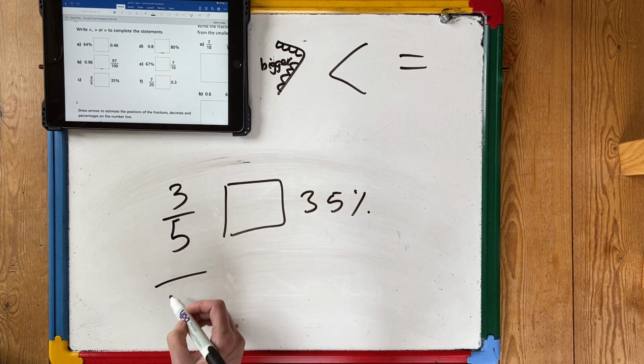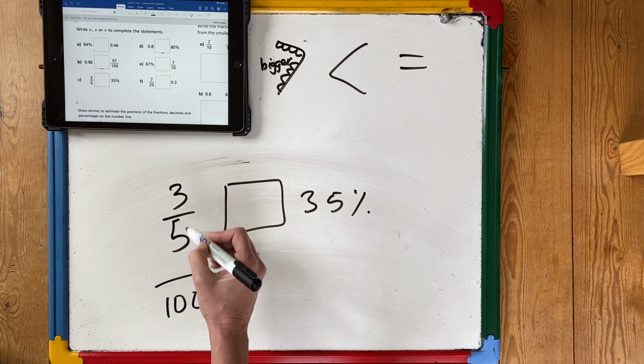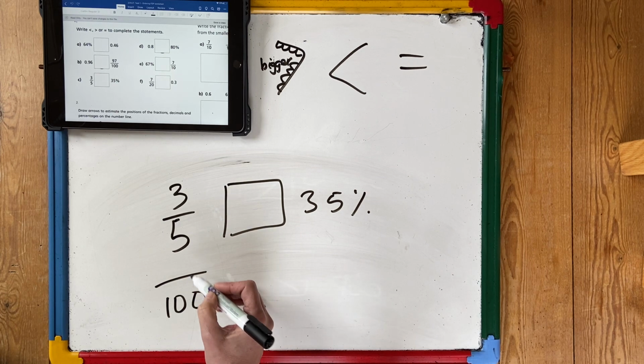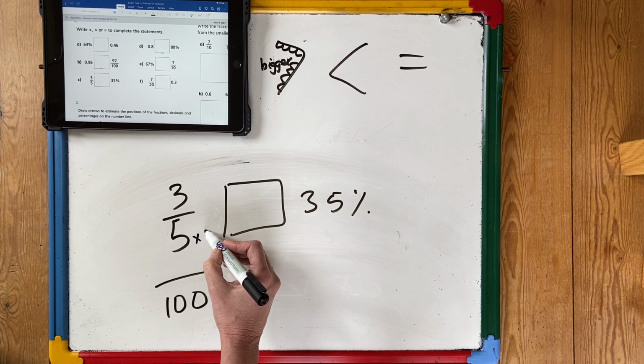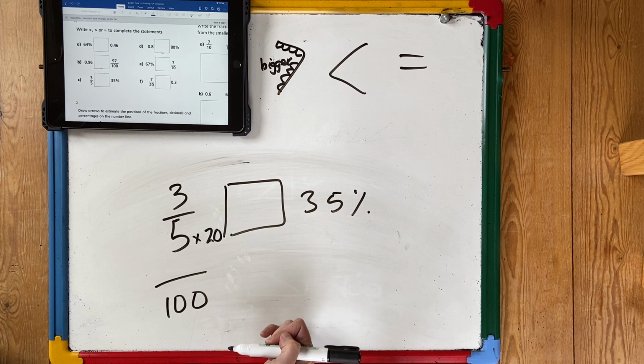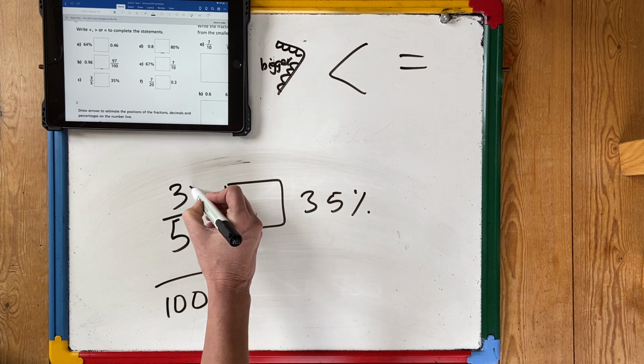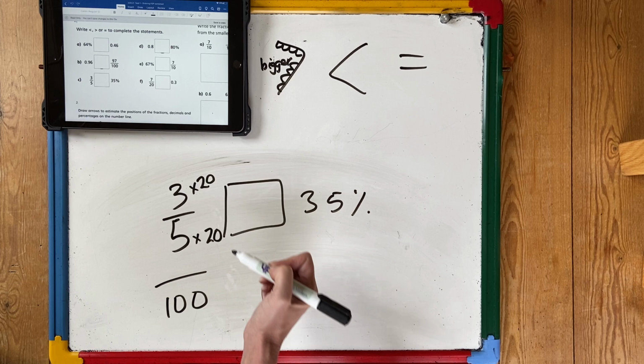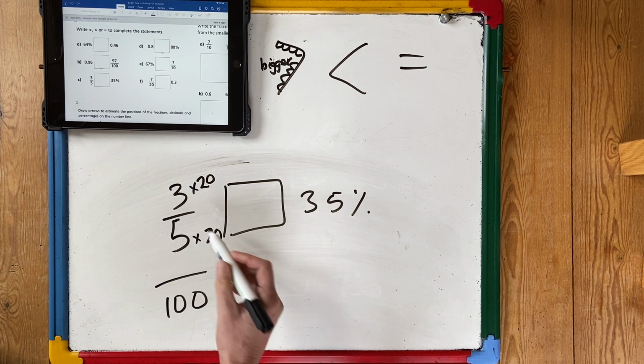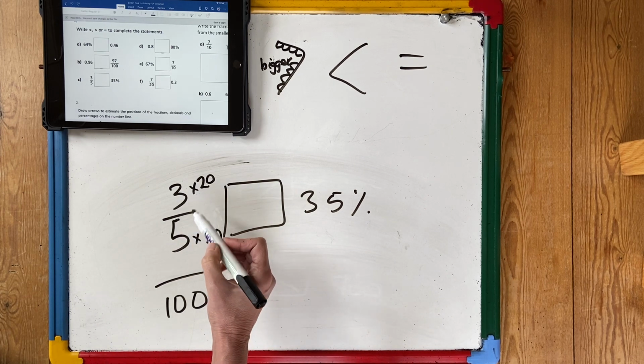So what is the equivalent fraction of 3/5 in hundredths? What do I multiply 5 by to get to 100? How many 5s are in 100? Well, I know that 5 times 2 is 10, so 5 times 20 is 100, which means I've got to multiply the numerator by 20 as well. So 3 times 20 is 60.